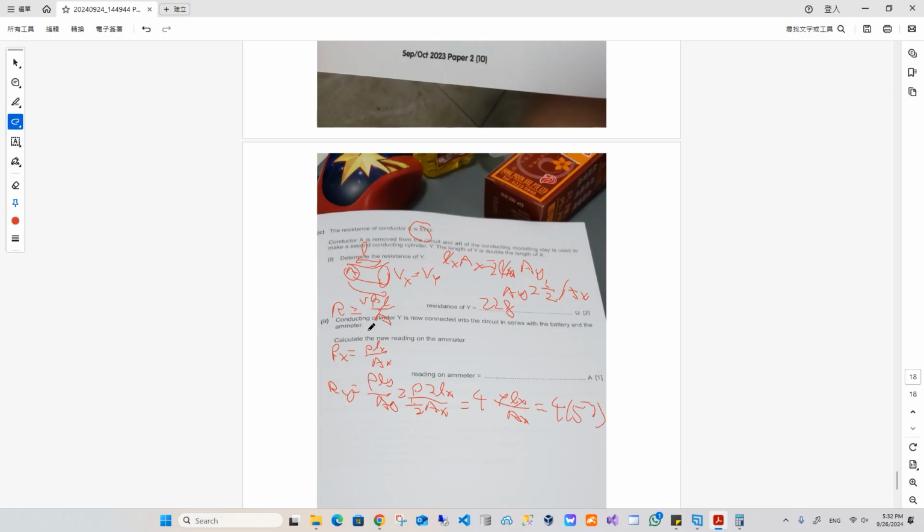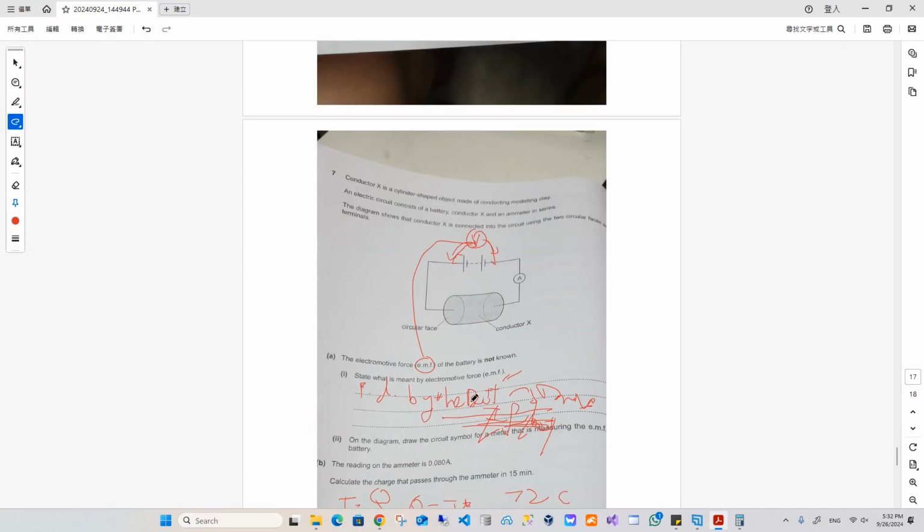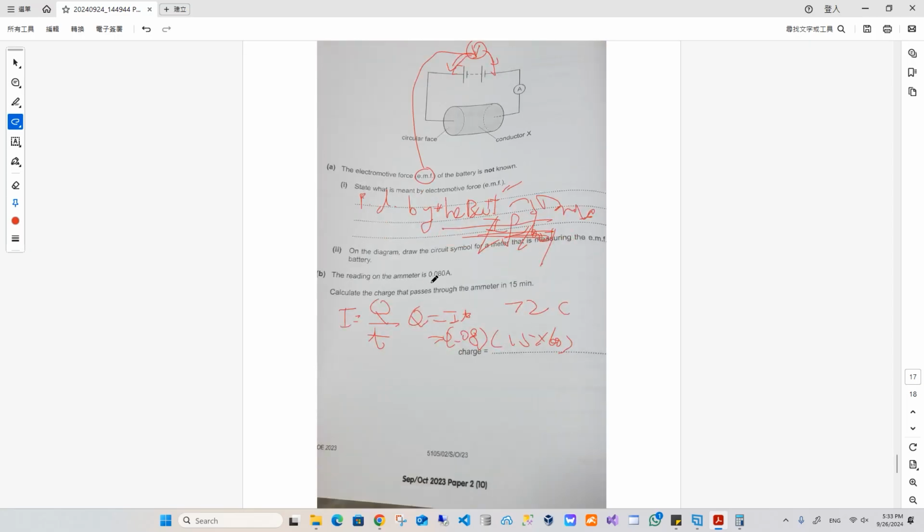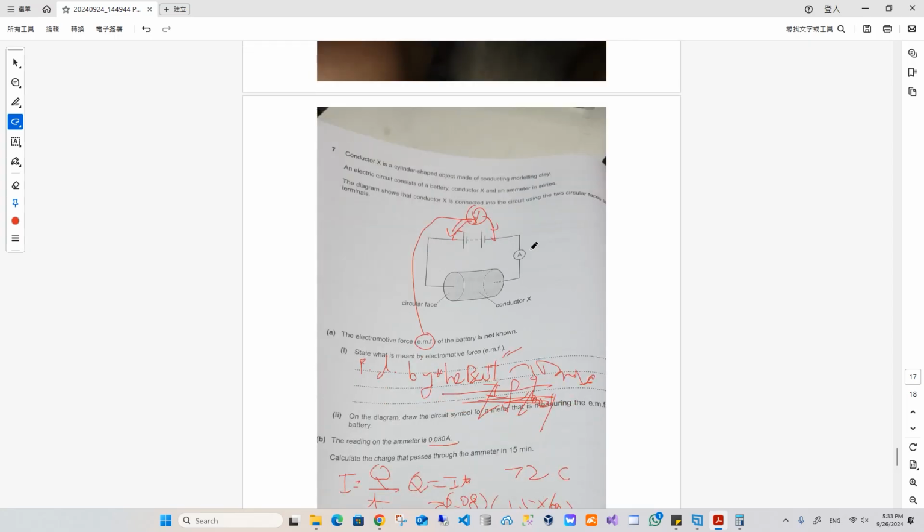Conducting cylinder Y is now connected in series with the battery. Calculate the new reading on the ammeter. Now the circuit is the same, but X is replaced by Y. The potential difference V is the same, because the battery is the same. How much current will flow depends on the resistor. So V equals IR.